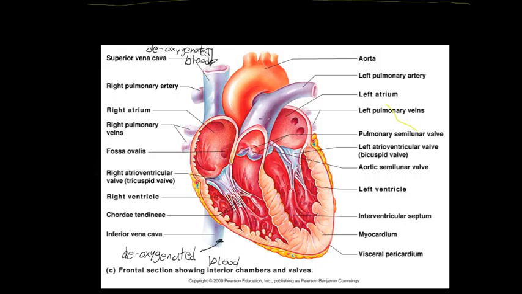So this is the left pulmonary artery, and this is the right pulmonary artery.